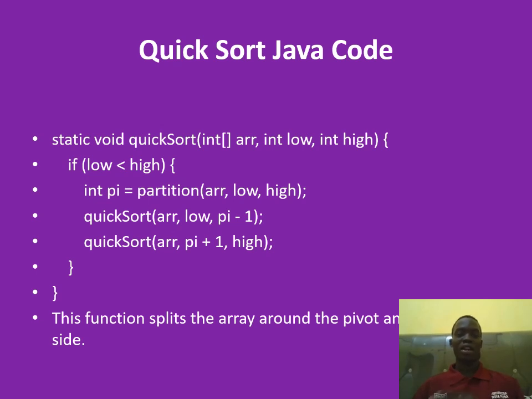If low is less than high, then you make a sort, you call quickSort in Java. You set pivot equal to partition of array, low and high, then quickSort of array, low to pivot minus 1, and quickSort of array, pivot plus 1 to high, like I explained before. That's how it works.